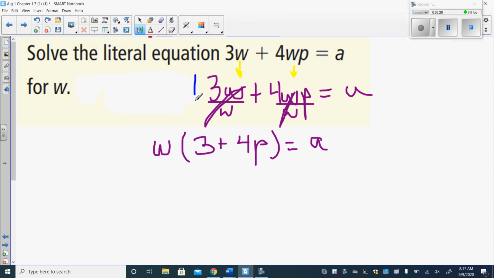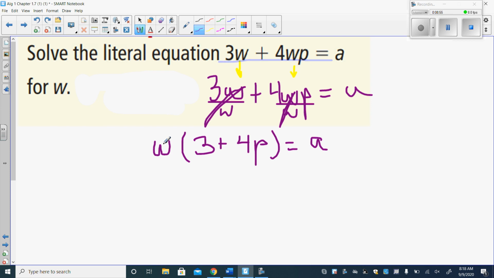It's only going to affect that side here, because again, I'm still pulling it out. So I haven't changed the left side of this equation, because I still have that term w, and if we were to multiply it back through, we would end up back with what we started with. So it hasn't changed the overall equation.